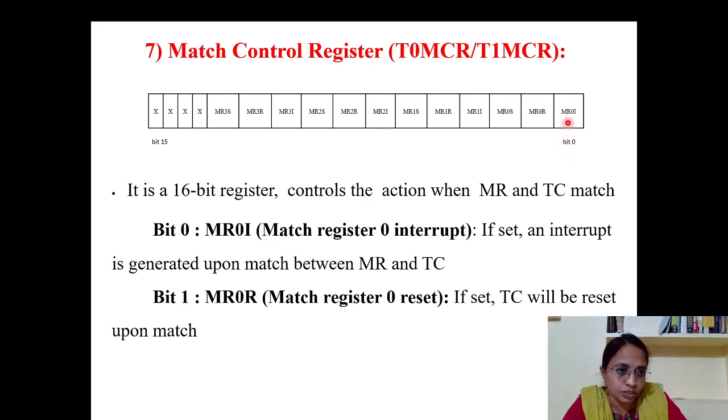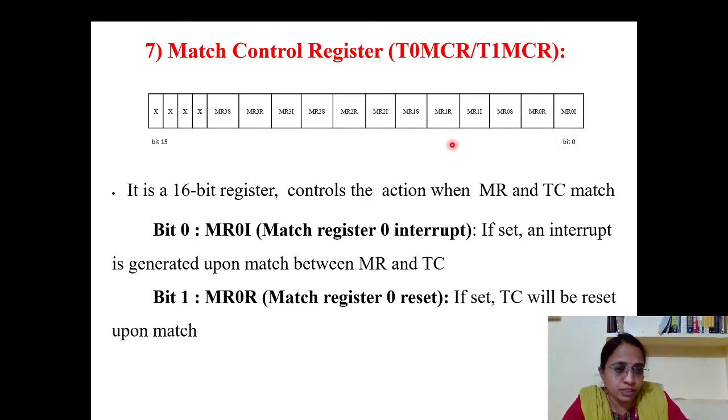Okay, so if this bit is set to 1, then when the match register 0 value becomes equal to the timer counter value, an interrupt is generated. Similarly, what does R stand for? Reset. So match register 0 reset, match register 1 reset, match register 2 reset, and match register 3 reset. All these 4 bits have the same function.